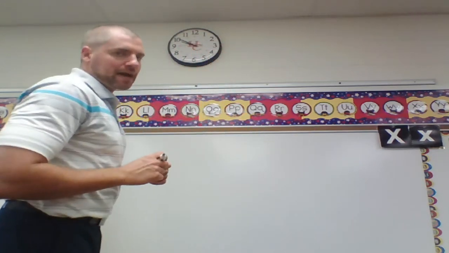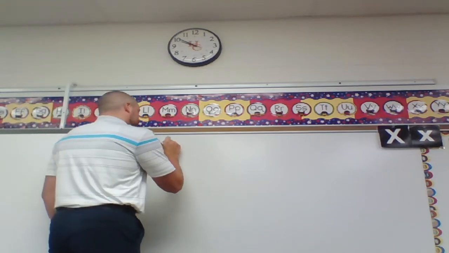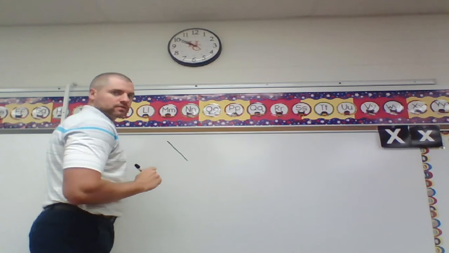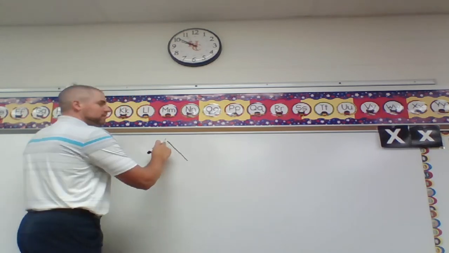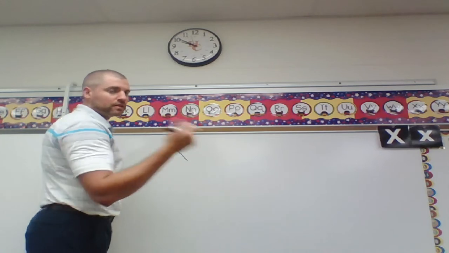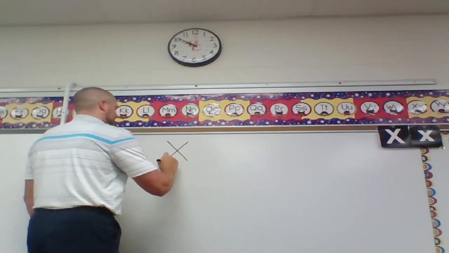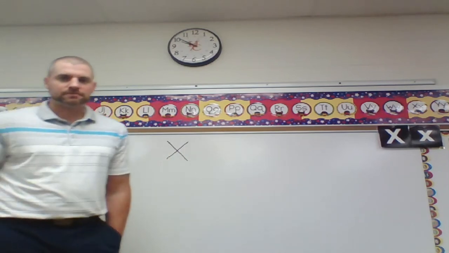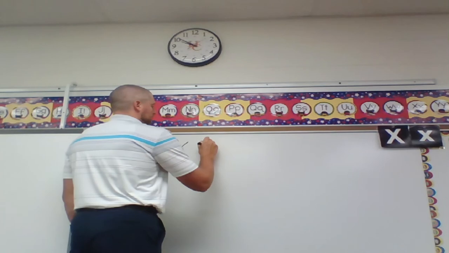Now, when we make a capital X, let's start there. We're going to start at the top and slant down in the other direction. Okay, we're going to go from the top left to the bottom right. Then we pick up our pencil and we do the same thing on the other side to make an X. Okay, watch me do it again, just a little faster.